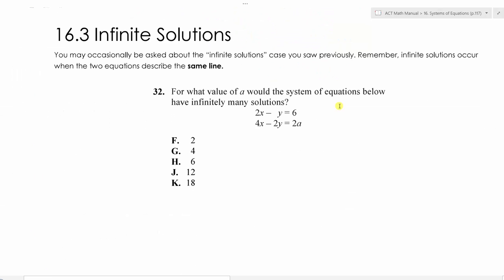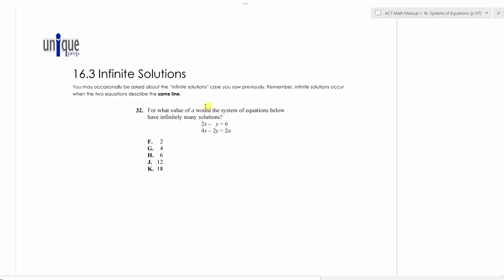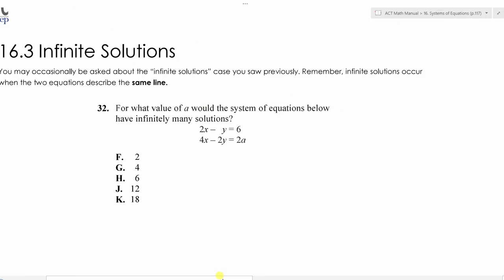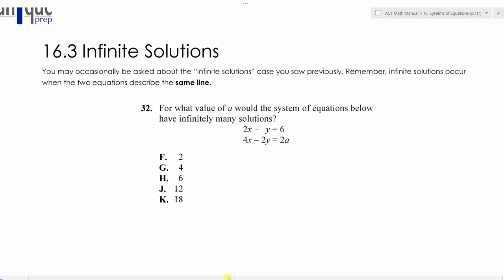Next, we have infinite solutions. Occasionally a question will ask you about infinite solutions, and usually the easiest way to handle these questions is to think about what we talked about before, which is that infinite solutions means we're dealing with the same line.